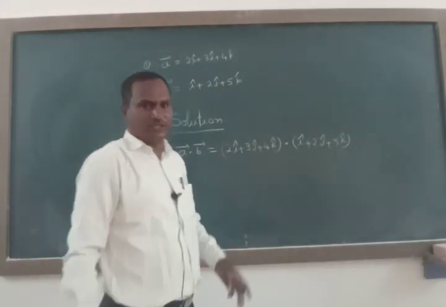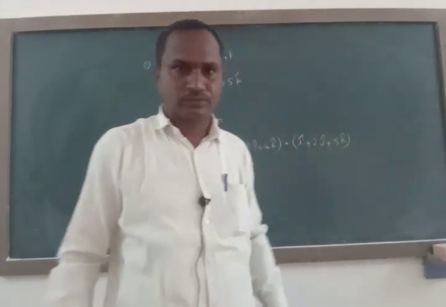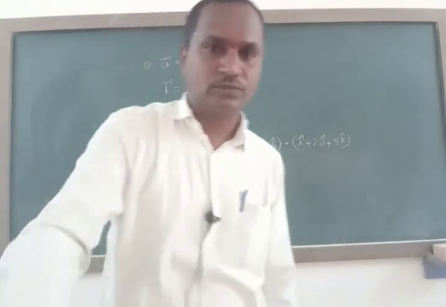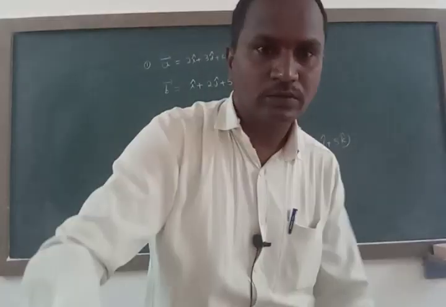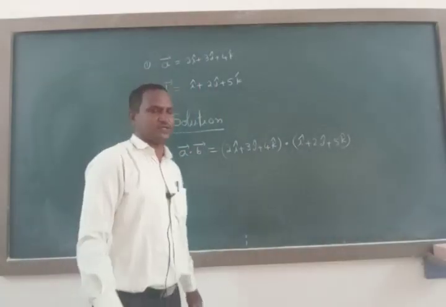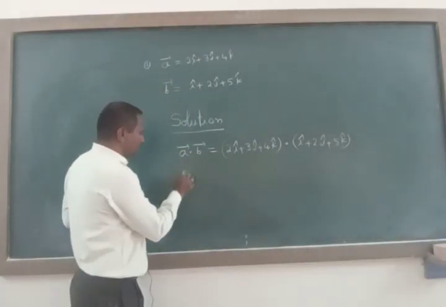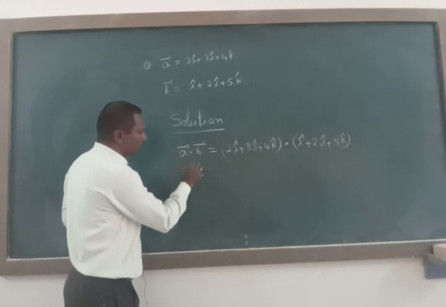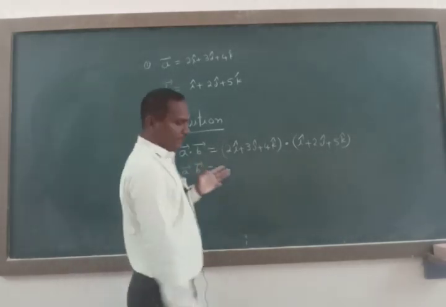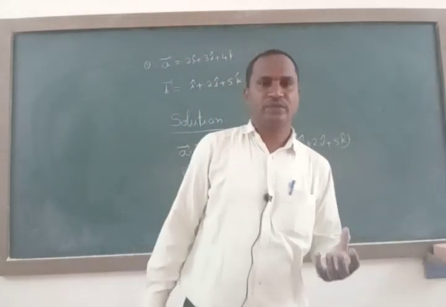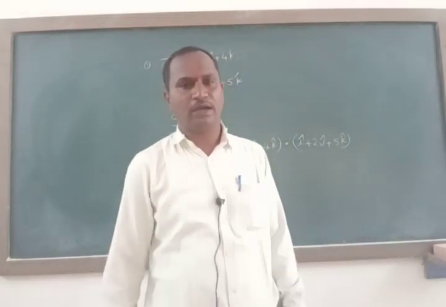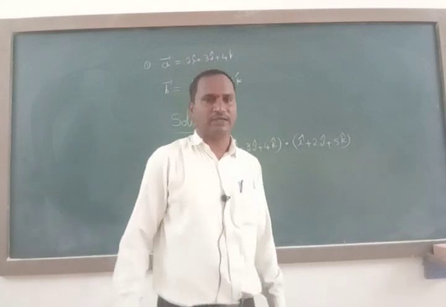Then the dot product of these vectors is, as I already told, the sum of the product of corresponding coefficients of i cap, j cap and k cap between the two vectors.